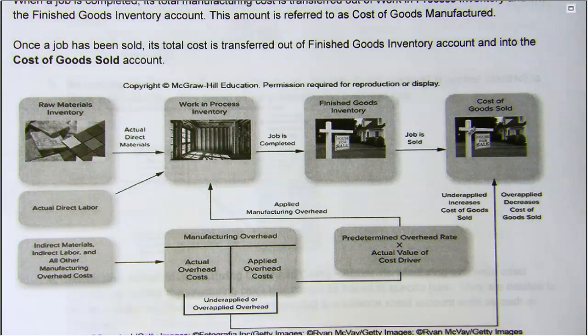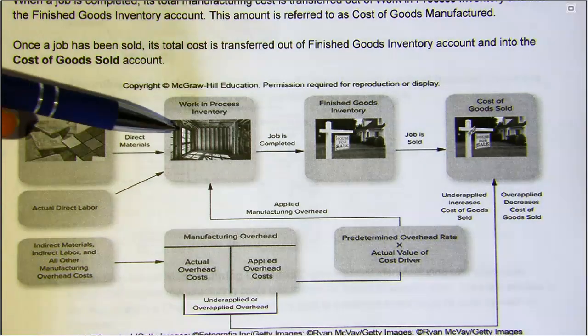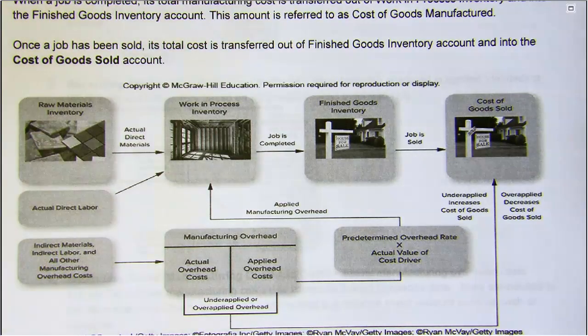Okay, so when raw materials inventory is purchased, we would debit the raw materials inventory account. And remember, that would be debited for both direct and indirect materials. When a materials requisition form is completed and materials are requested into the production process, actual direct materials get debited to work in process inventory.